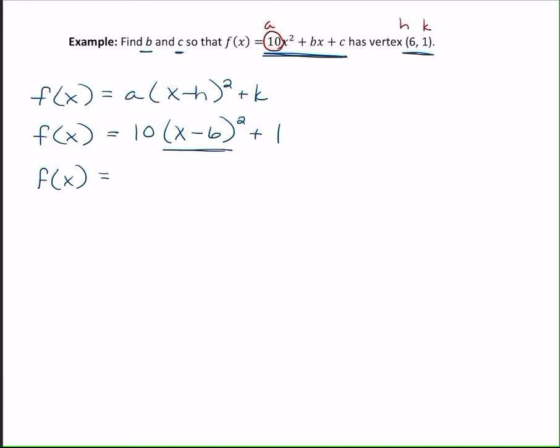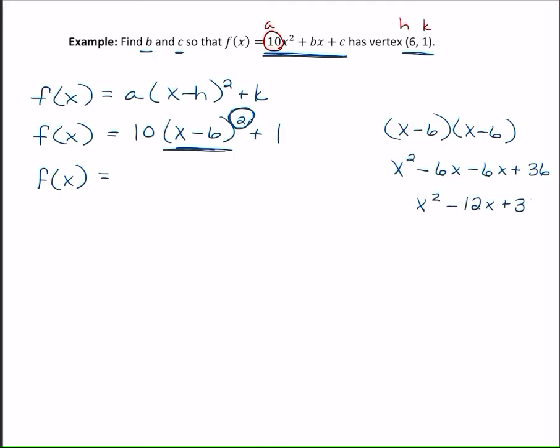We have to FOIL this first. So you've got x minus 6 times x minus 6. Do not distribute the 10 first, because remember your order of operations, you have to take care of the exponent before you can multiply. So when you FOIL, you get x squared minus 6x minus 6x plus 36. So that'll be x squared minus 12x plus 36.